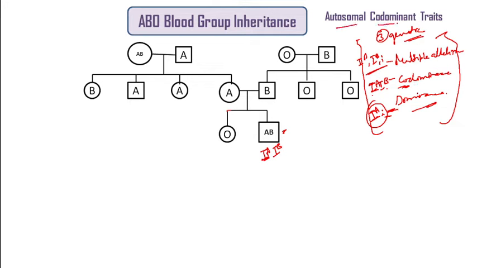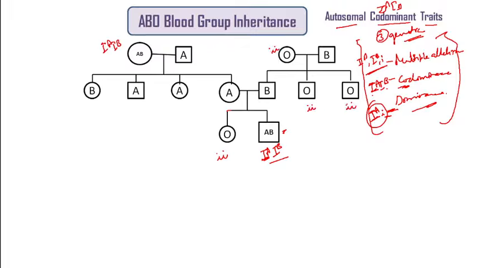So this is an autosomal codominant trait when we are talking about IA and IB. A person having AB blood group has the genotype IA IB, and a person having O blood group has the genotype small i small i.